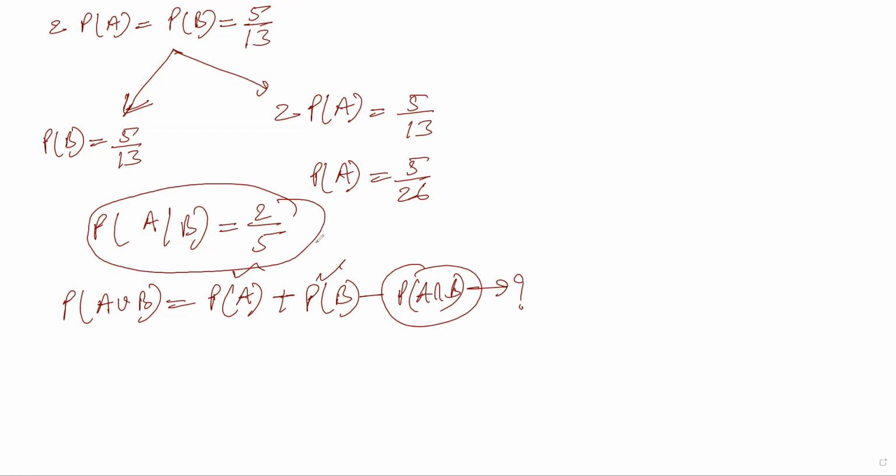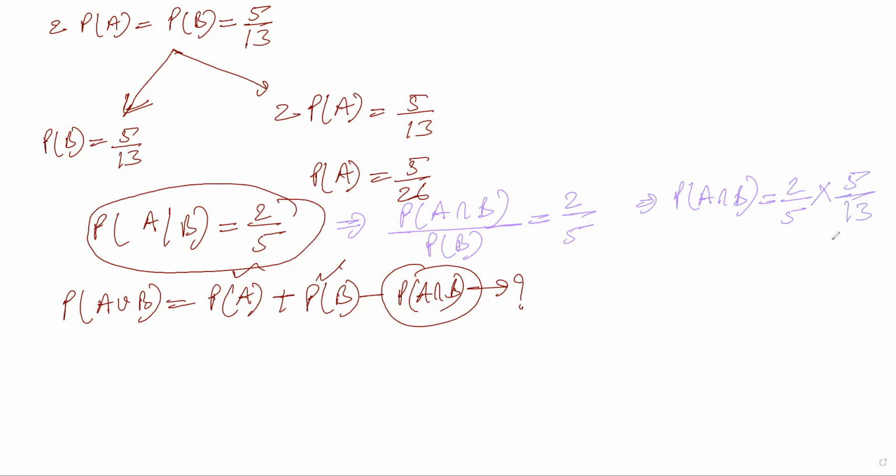The use of this information is to find out probability of A intersection B. Because probability of A given B is written as probability of A intersection B divided by probability of B. Use the formula for conditional probability. This value is given as 2 by 5. So probability of A intersection B is 2 by 5 into probability of B. Probability of B is 5 by 13. Hence, this value is 2 by 13.